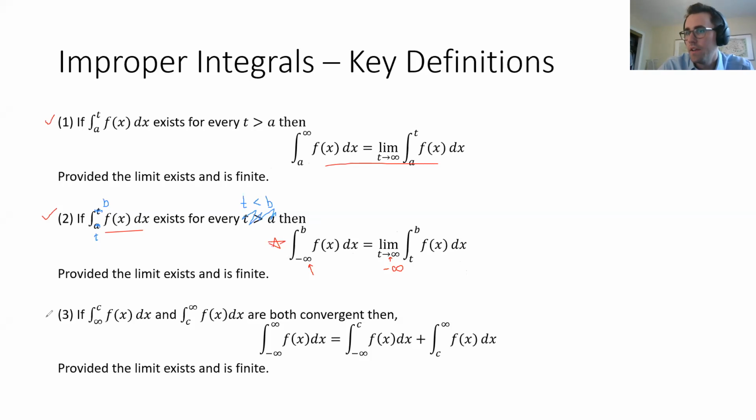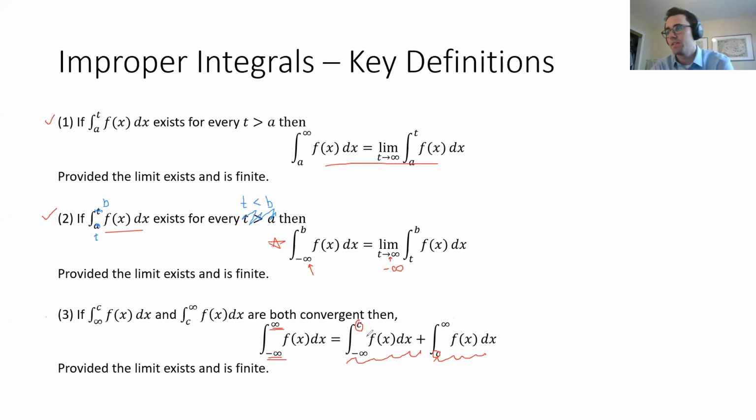Let's take a look at statement number 3. If we have the integral from negative infinity to c of f of x dx and the integral from c to infinity of f of x dx are both convergent, then if we have an integral with an infinity in the lower limit and the upper limit, we can break apart that integral into 2 integrals with some common endpoint c.